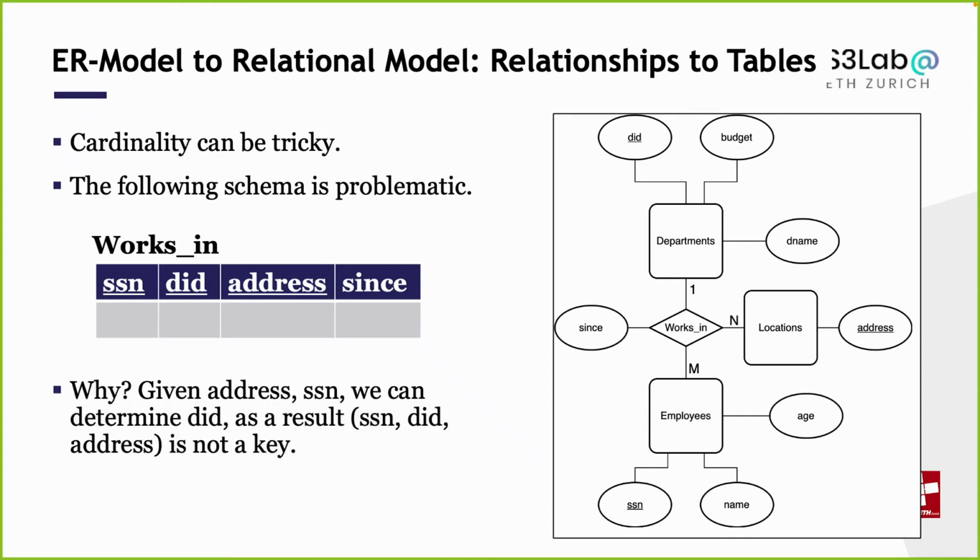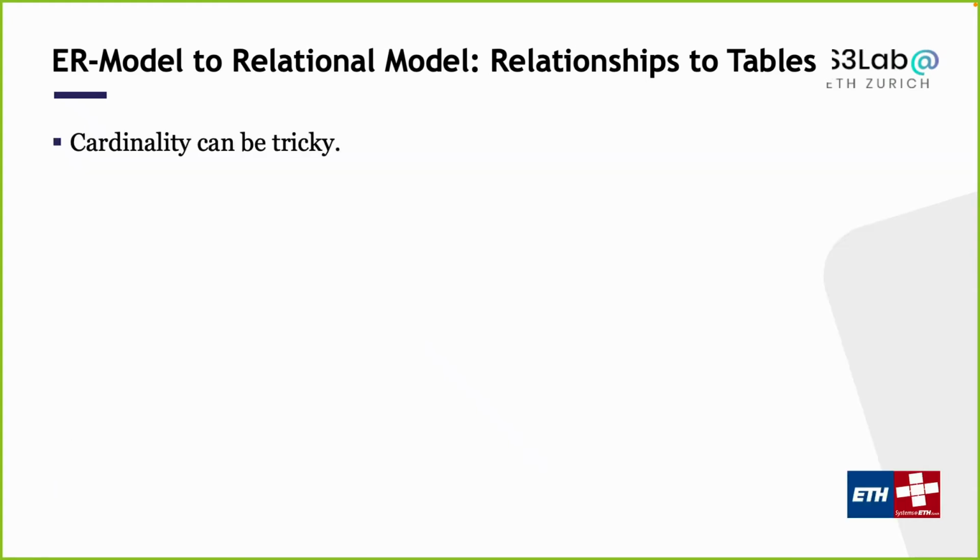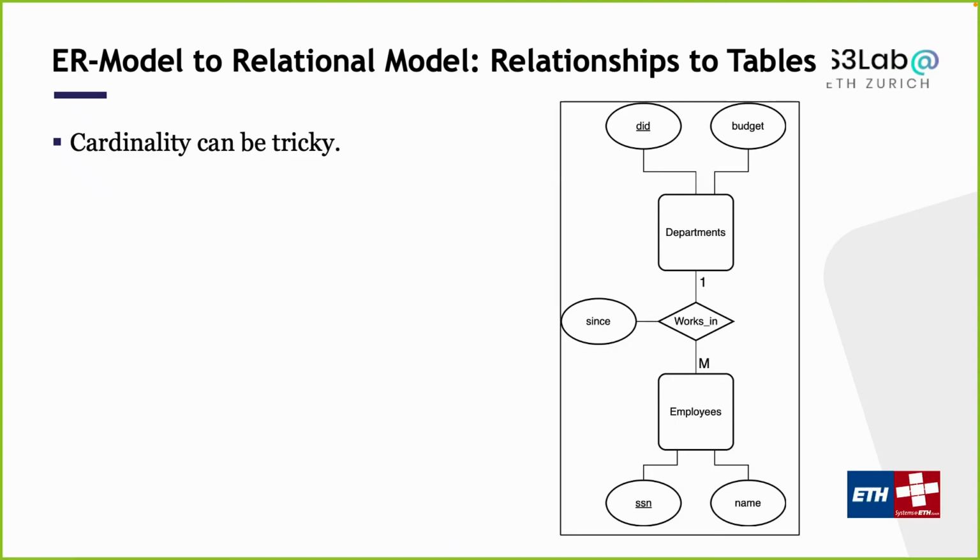Perfect. Now, let's look at another example. Let's look at this one. How can we do the translation? Now we have the employees, we have departments. So we have this many-to-one relationship from employee to department. How can we do the translation of works in?